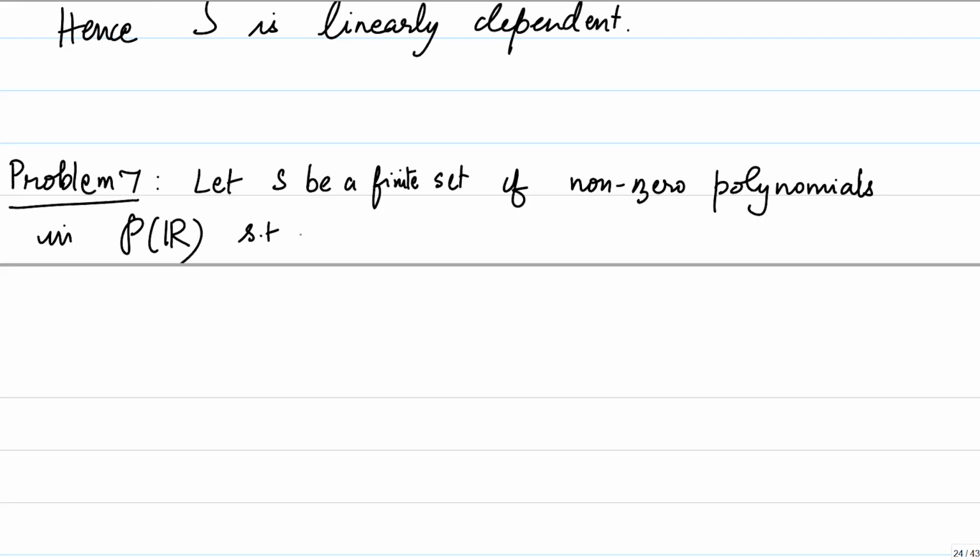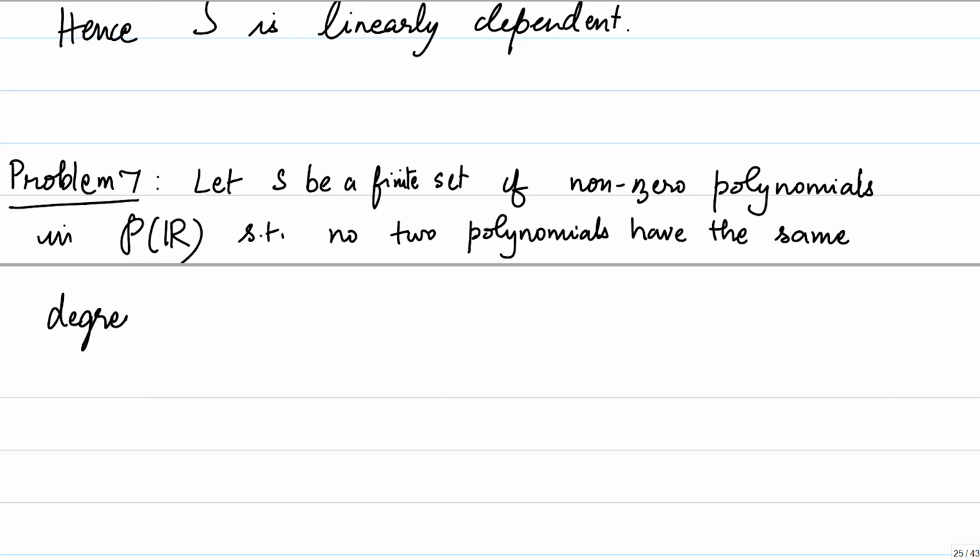such that no two polynomials have the same degree. So, if one polynomial is x square plus 1, then the other polynomials, none of them can have degree 2, because x square plus 1 is already having degree 2. So, all the polynomials have distinct degrees. If at all there is a polynomial of say degree 2, there will be only one polynomial which has degree 2.